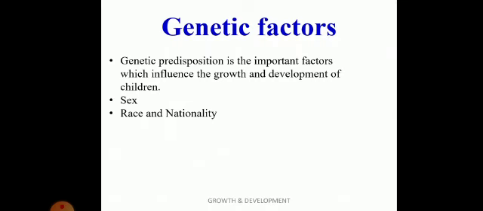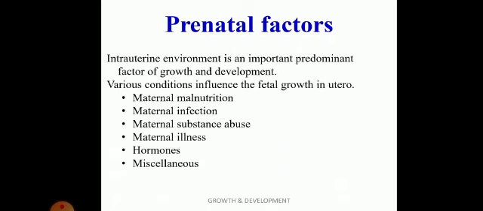The height will be more in North Indian people and less in South Indian people. Exceptions are always there, remember, but this is the general idea. In Gujarat the height is intermediate. So these are all race wise, nationality wise, and gender wise variations.